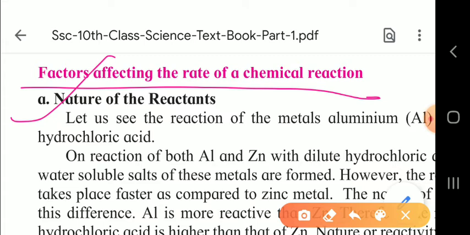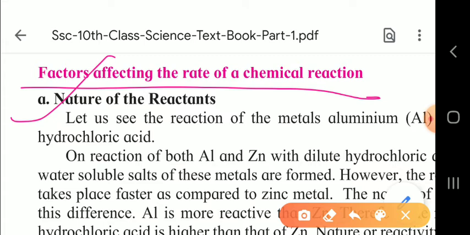Same way here, some metals or elements or chemicals react very fast and some react very slowly. So it depends on the nature of the reactants. For example, we have taken two metals, aluminium and zinc, and we react them with dilute hydrochloric acid.